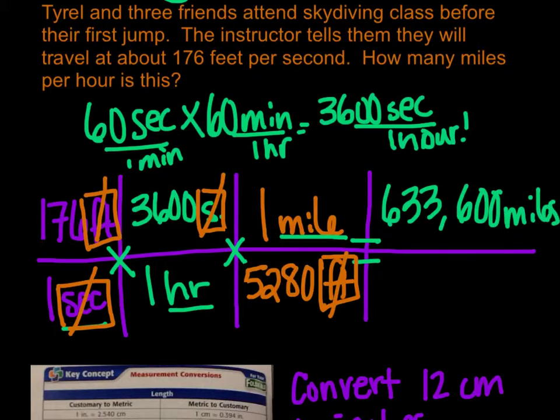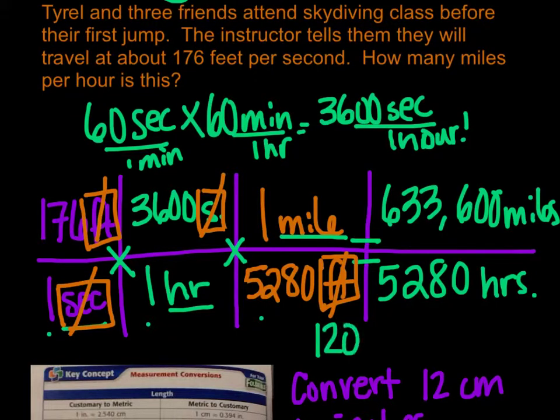In the denominator, 5,280, because I'm multiplying straight across, 1 times 5,280 hours. So now I need to divide those two. 633,600 miles divided by 5,280 is 120 miles per 1 hour.